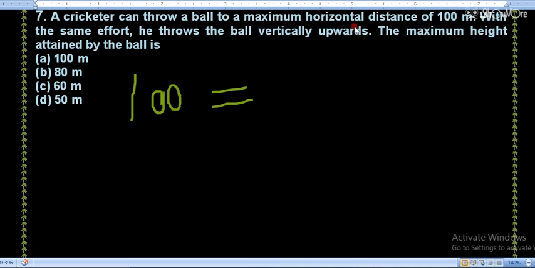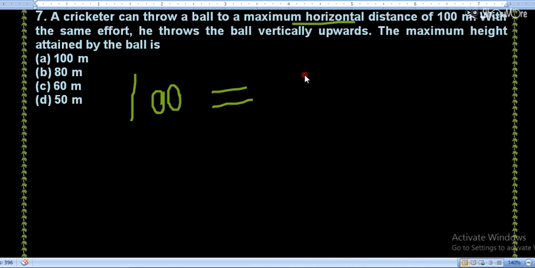So maximum horizontal distance. Okay, we will see it later on. So what we are getting here, 100 is equal to maximum horizontal distance, with the same effort he throws the ball vertically upward.